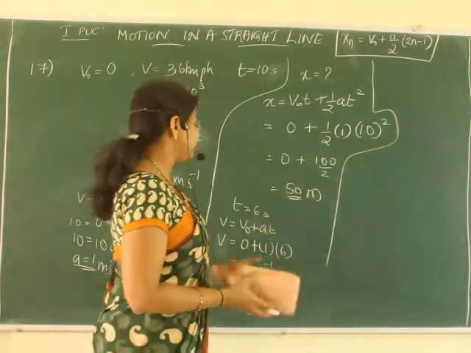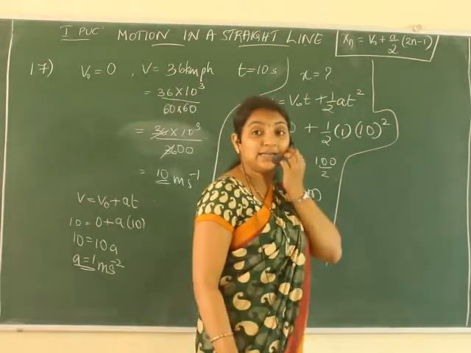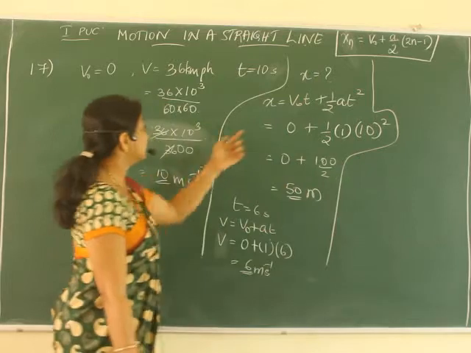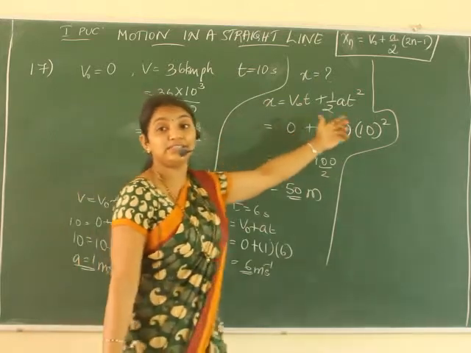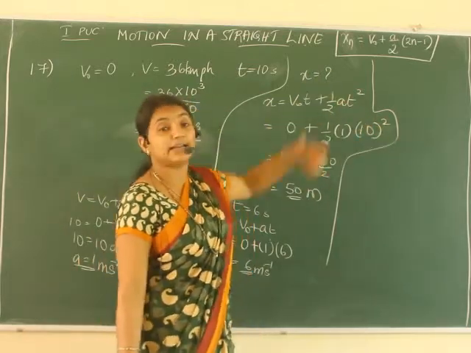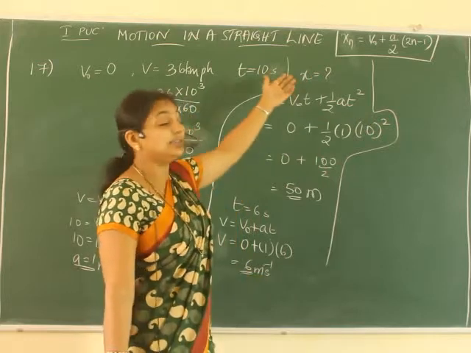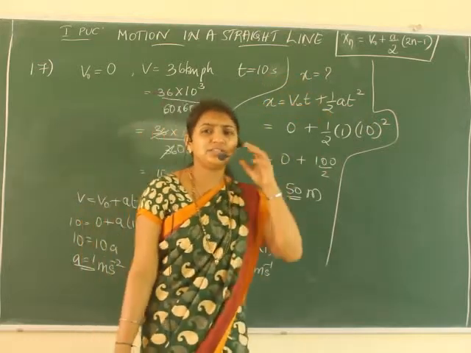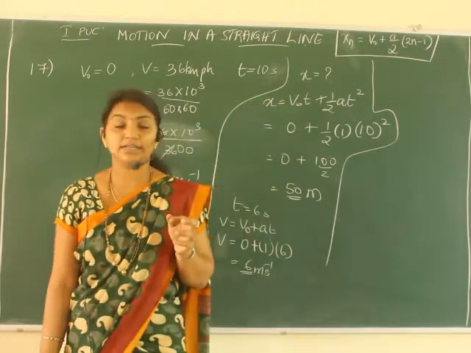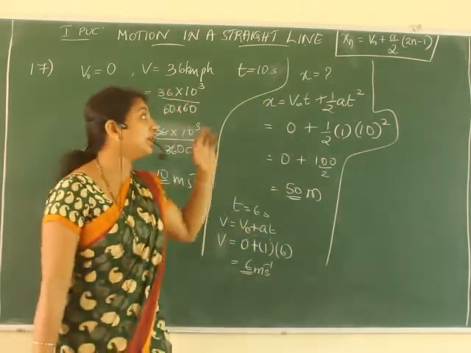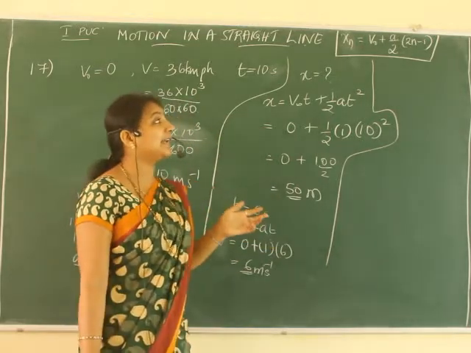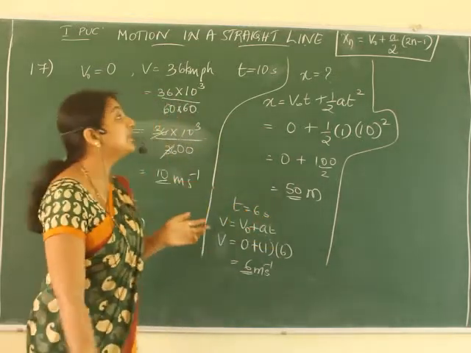Now it is 6th second, now it is nth second, because this formula is just to find out the distance travelled for the nth second. The formula is direct. I think you have used that formula in mathematics, correct? Sn, or here xn, is equal to v naught plus a by 2 into 2n minus 1.